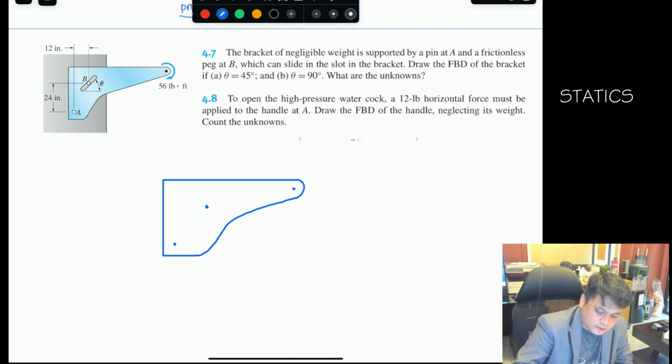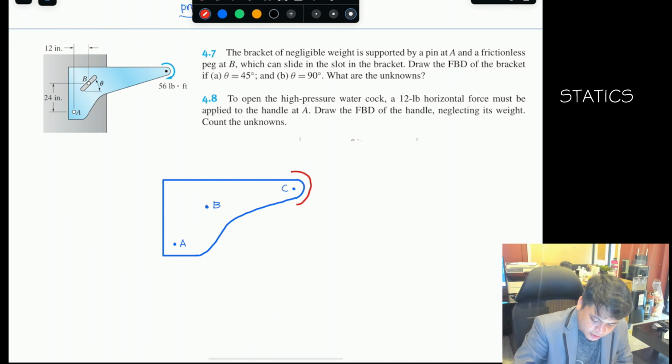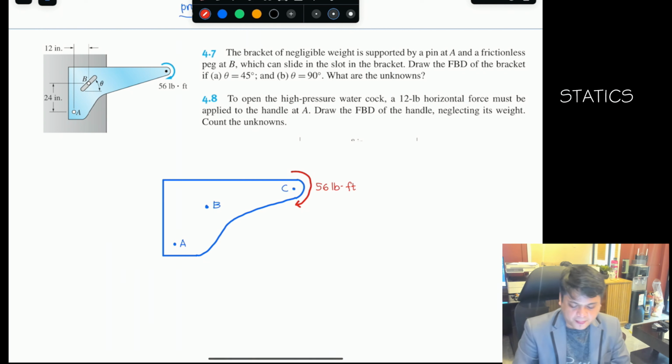Okay? So, lagyan natin ng naming. We can have A, B, and then C na lang. Okay? Ngayon, external load muna tayo. So, meron lang tayong external moment here. So, we can have there as 56 pound-feet. Okay?